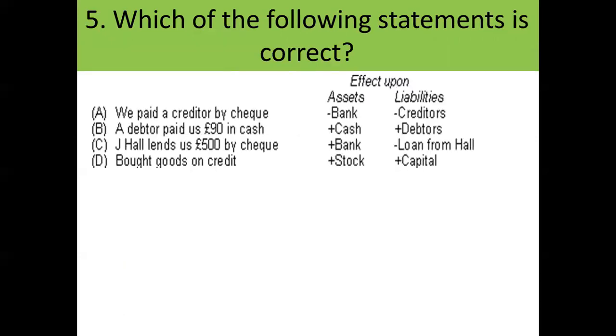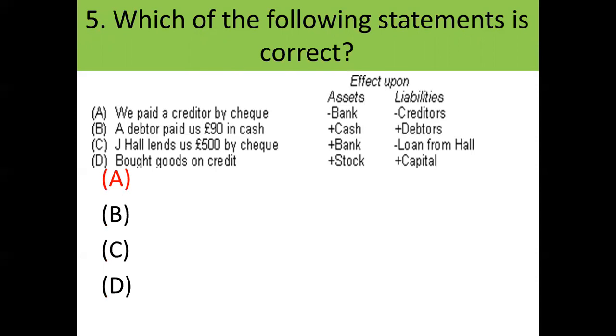Next question. Which of the following statements is correct? Here we have asset and liability, and the different transactions that took place, and we have to see their effect on asset and their effect on liability.